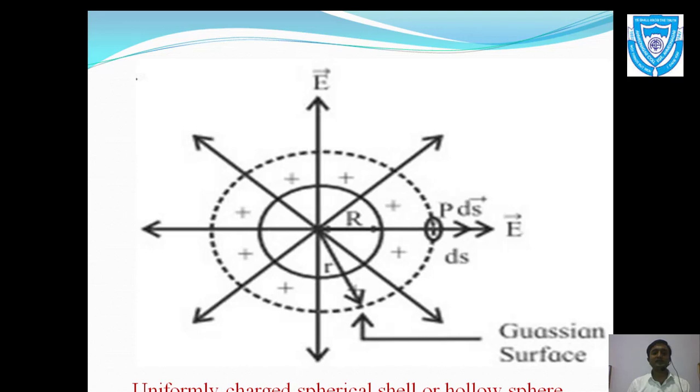Now, since there is uniform charge distribution, the electric field is perpendicular to the Gaussian surface. It is also perpendicular to the small area ds at point P. By this, what can we say? The angle between ds and E bar is 0.